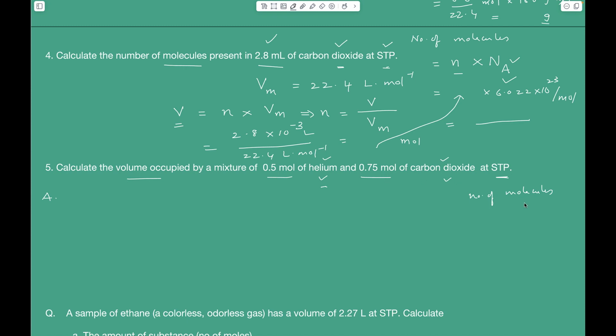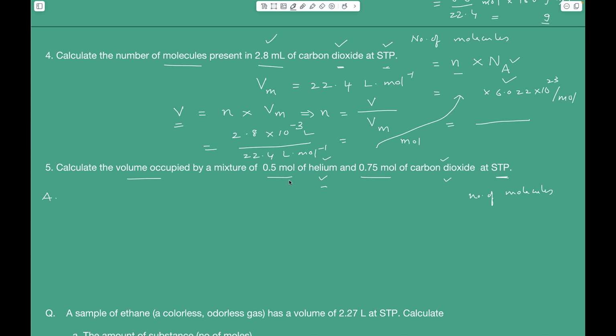It depends only on the total number of particles. So it doesn't matter if this mixture is composed of molecules of only one type or it is composed of molecules of different types. As long as the number of molecules are the same, the volume must be the same at the same temperature and pressure. That is Avogadro's law, right?